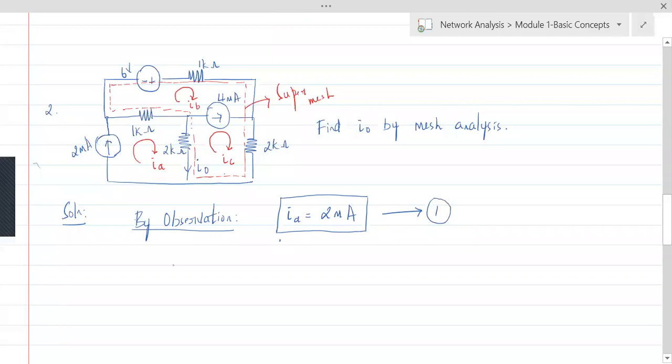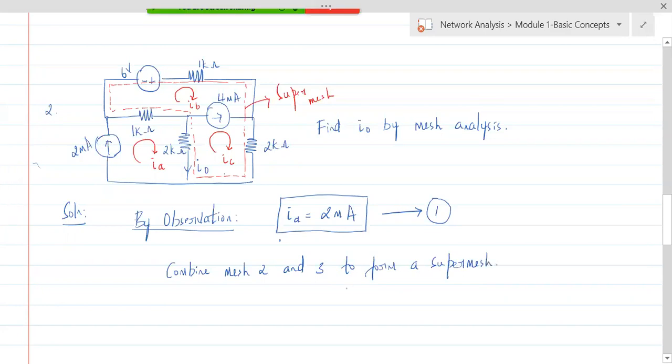Next, what is there? Combine mesh 2 and 3 to form a super mesh. Why are we forming a super mesh? Because there is a current source in between the 2 meshes.